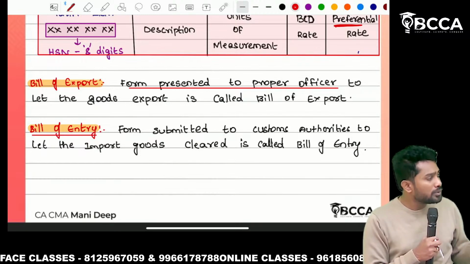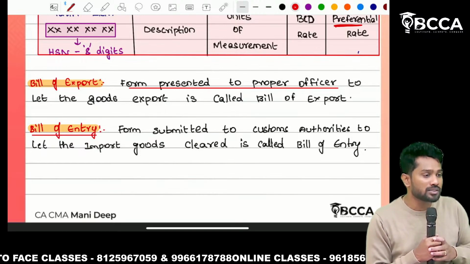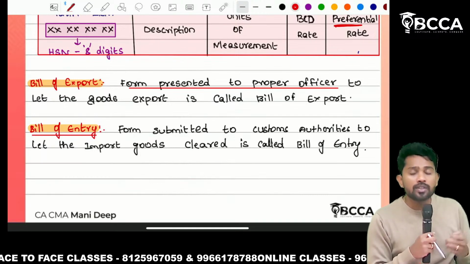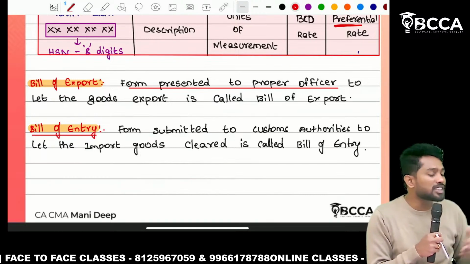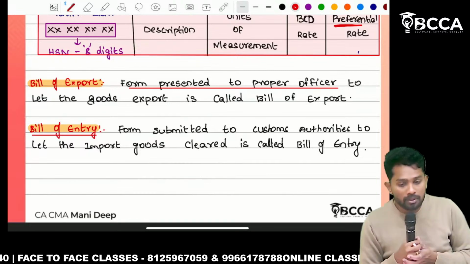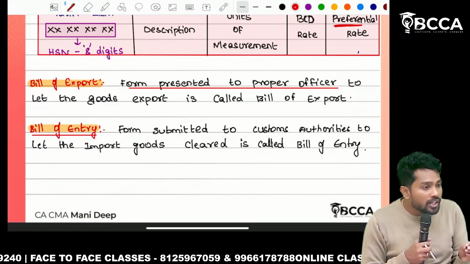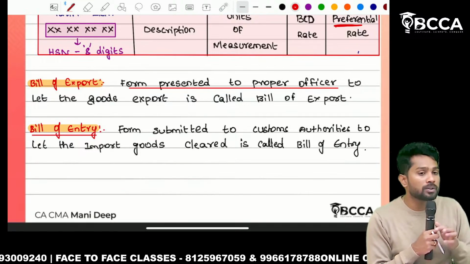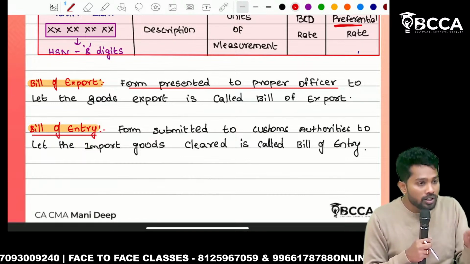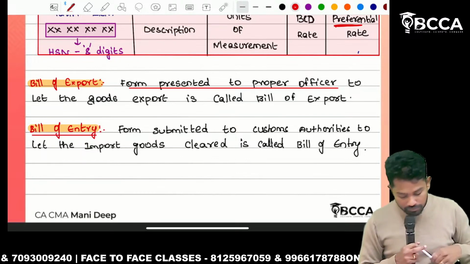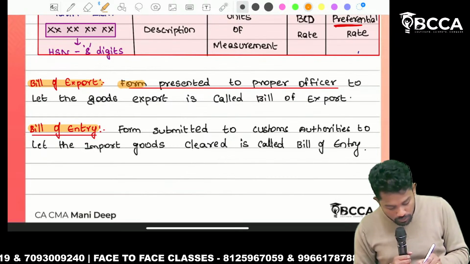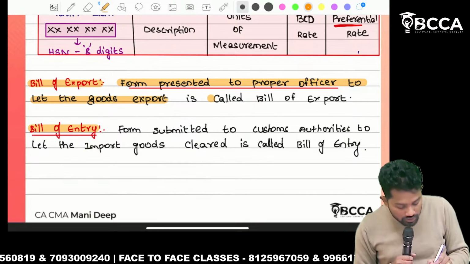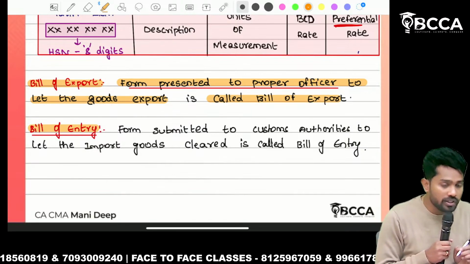To find that out, you present a form to the proper officer to let your goods be exported. The form presented to the proper officer to let the goods be exported is called bill of export.